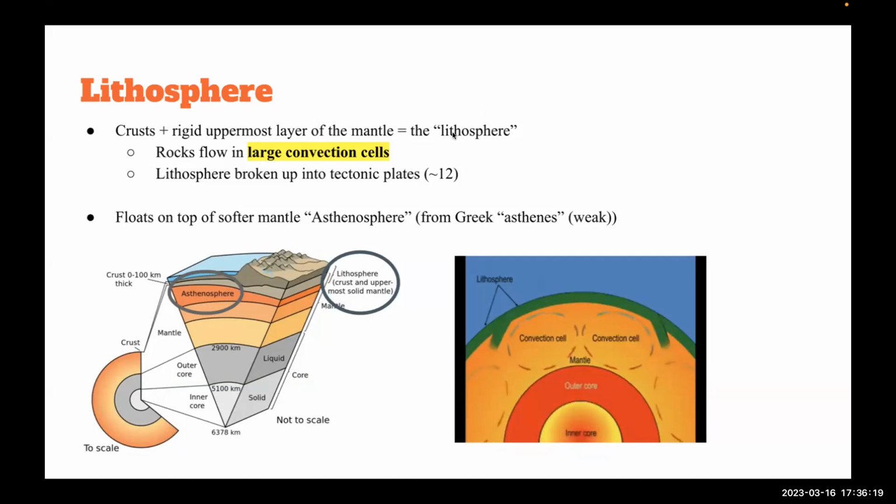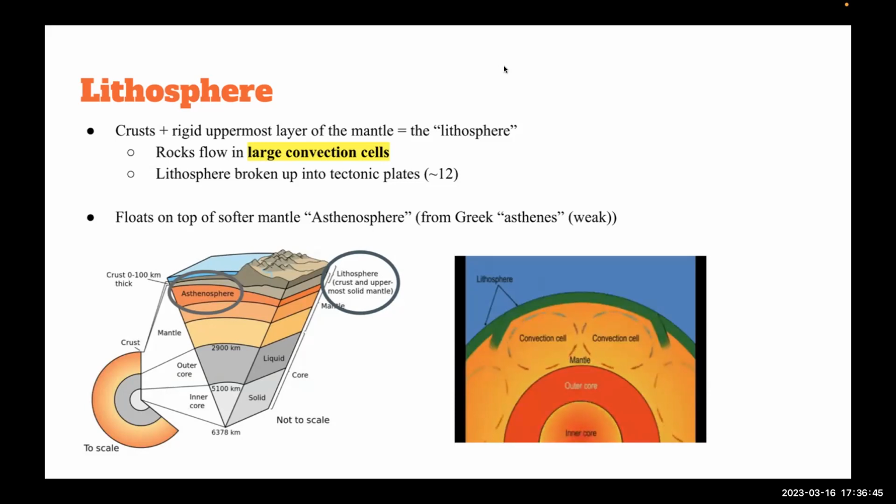Throughout its whole thickness, the mantle is not uniform. It makes sense, right? A lot of it is heated through radiative heating from the core, and that heat, we're going to go into it, comes from isotopic decay. Obviously, the further you go from the core, the less heating you receive, despite the convection.